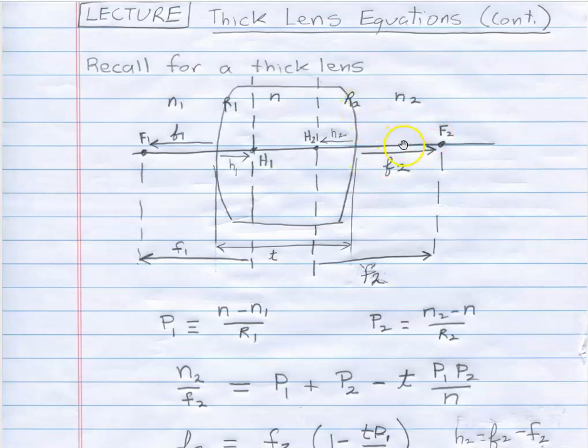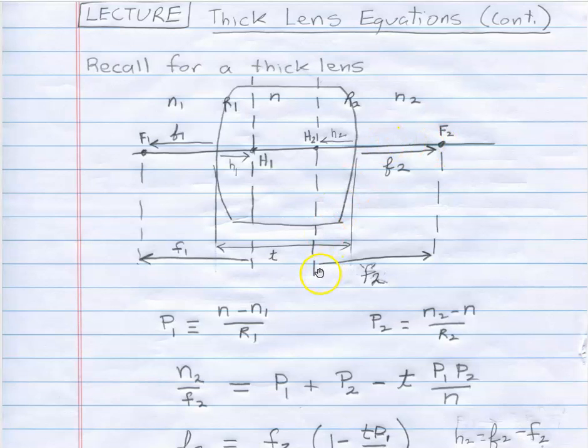A couple of things to note. The thickness of the lens is the central thickness, so there's the optical axis, and that's the distance between the front and the back of the lens along the optical axis. We've got two principal planes, H1 and H2. We have script F2, I called it, which is the back focal length that's measured from the back vertex to wherever the secondary focal point is.